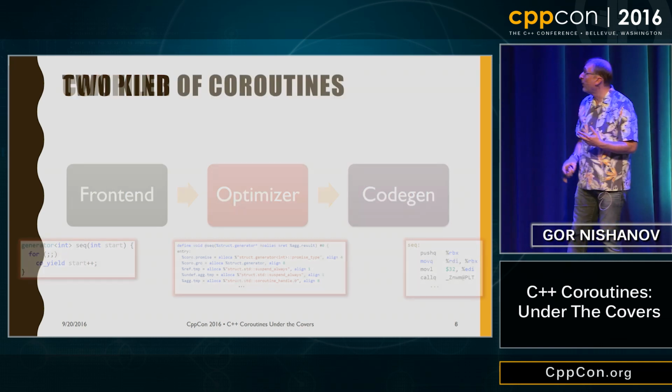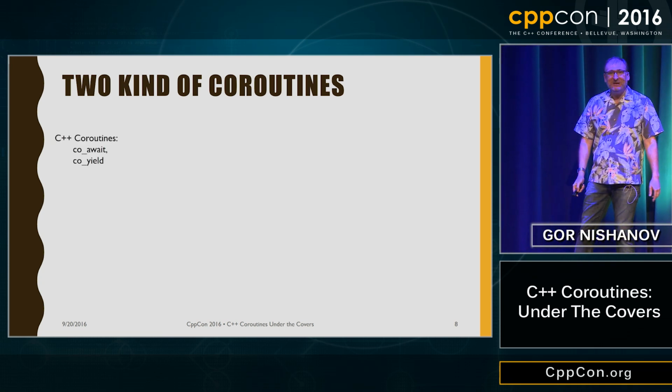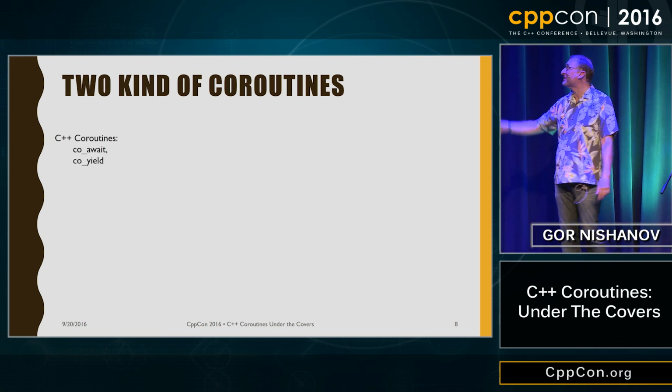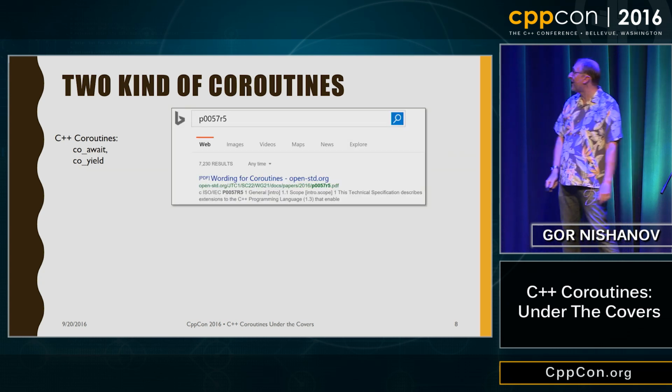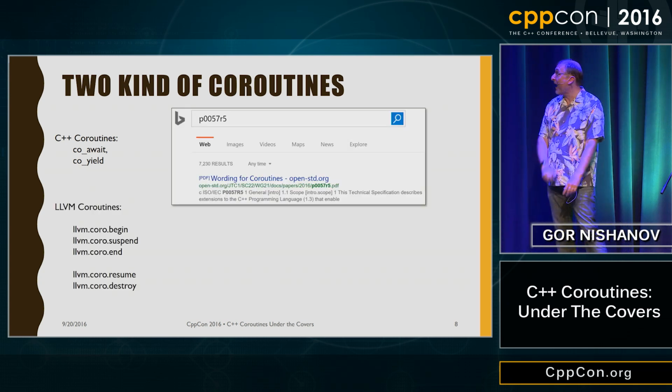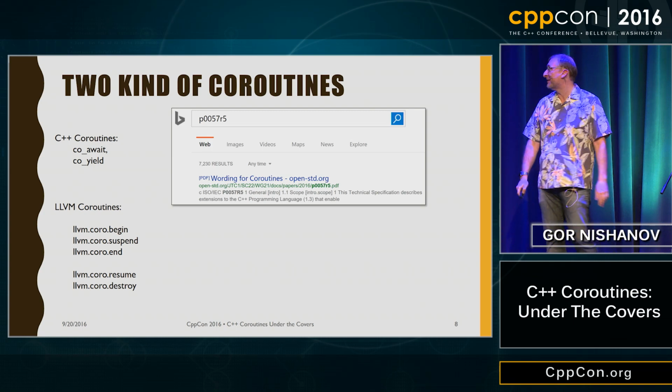So actually, we have two kinds of coroutines now. We have C++ coroutines, the ones that you probably know, with await and yield, that are defined by this proposal. But we also have LLVM coroutines, which are lower level, but they're still very awesome, and we're going to look at them a little bit.